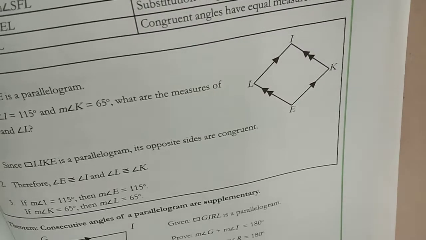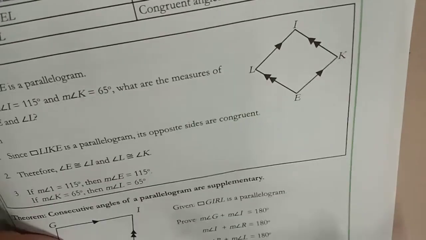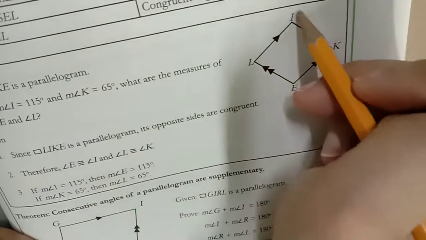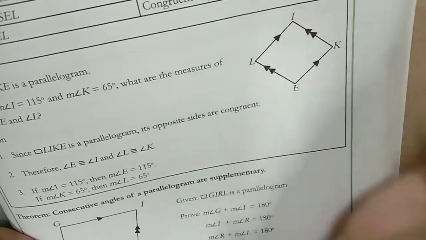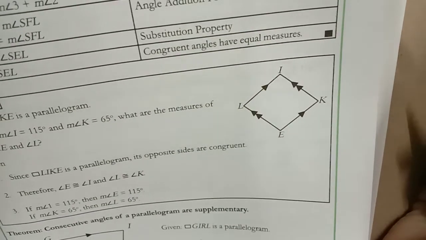Alright, another example. Okay, so we have here parallelogram LIKE. Okay, quadrilateral LIKE is a parallelogram. So yung I daw po natin ay measure of 115 degrees.